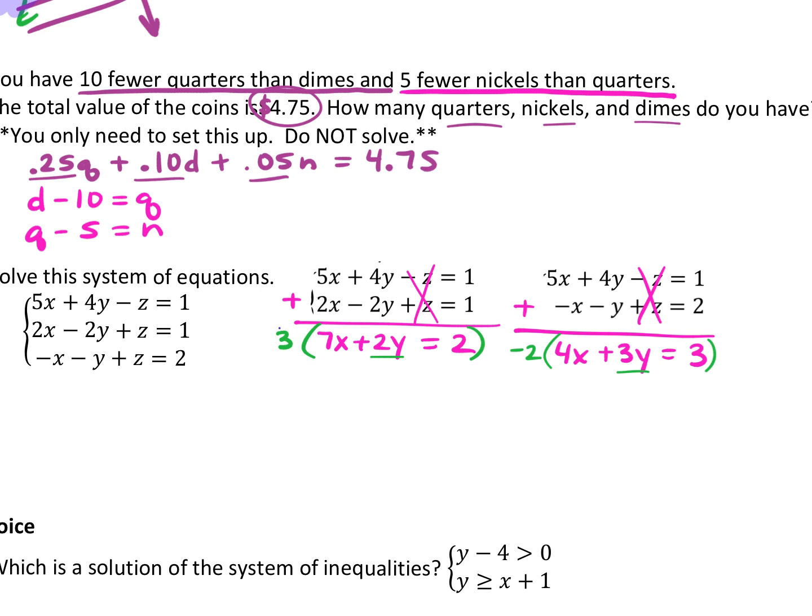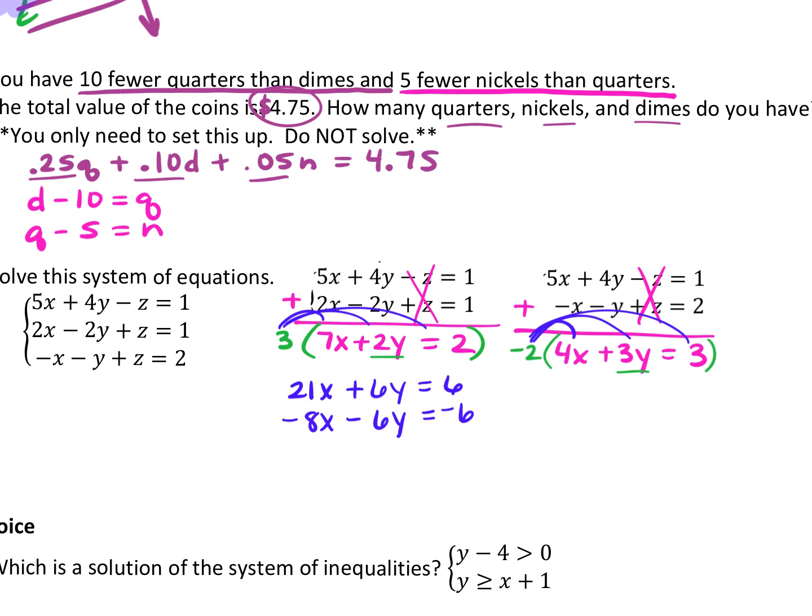So the first one here, I would get 21x plus 6y equals 6. When I go here, I get negative 8x minus 6y equals a negative 6. Okay, so now we're there.